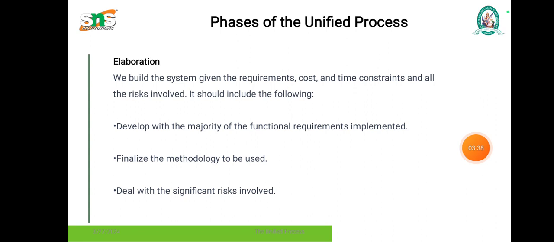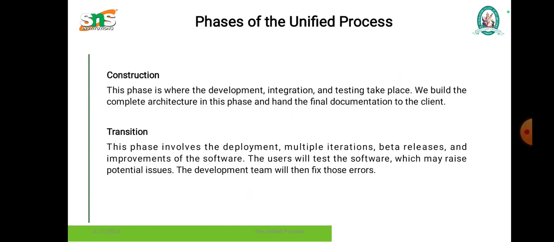It should include the following: develop with the majority of the functional requirements implemented, finalize the methodology to be used, and deal with the significant risks involved. These are the elaboration features.